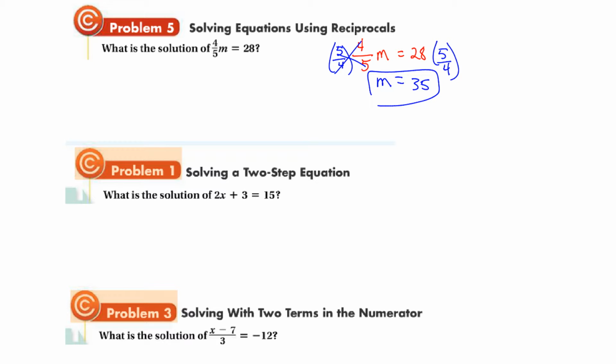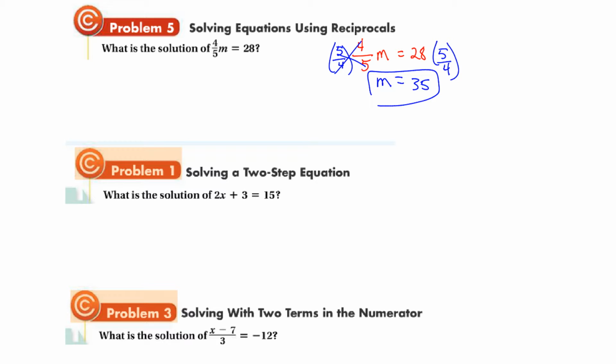Our next problem is this two-step equation. Again, if I think back to my steps for solving an equation, I clear the equation of fractions, then clear the equation of parentheses, then combine like terms on either side of the equal sign. None of those steps apply here, so I go to step 4, which is undo any addition or subtraction.